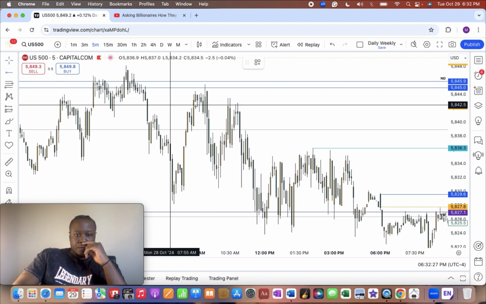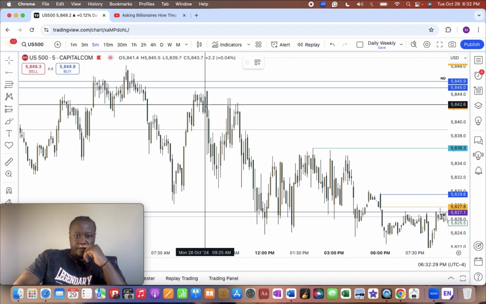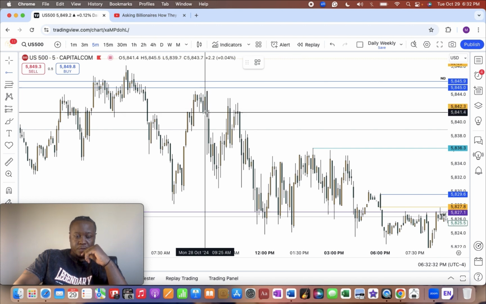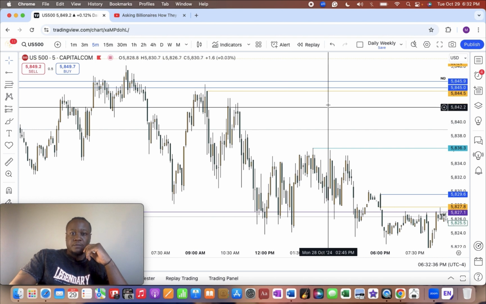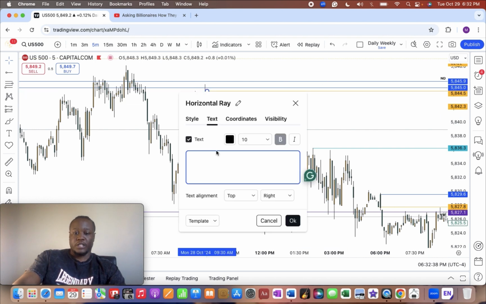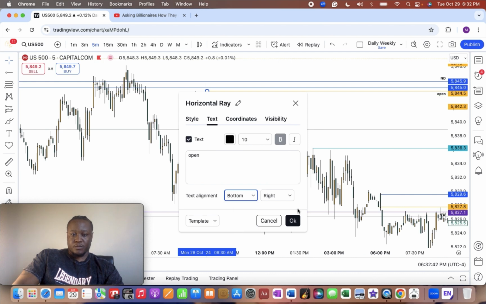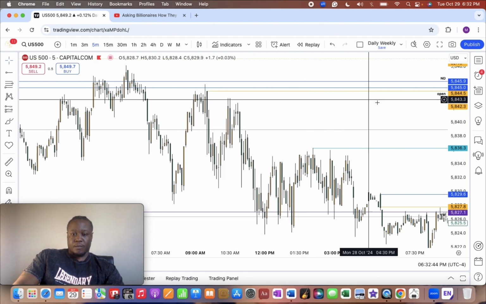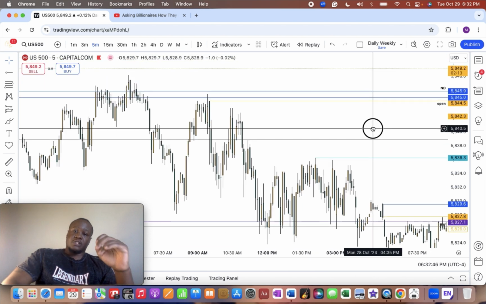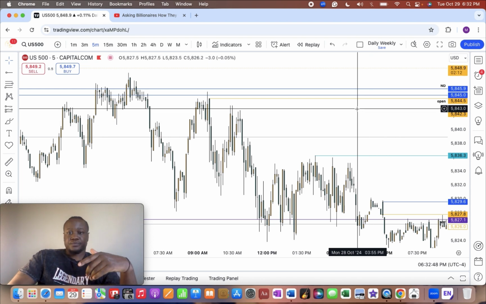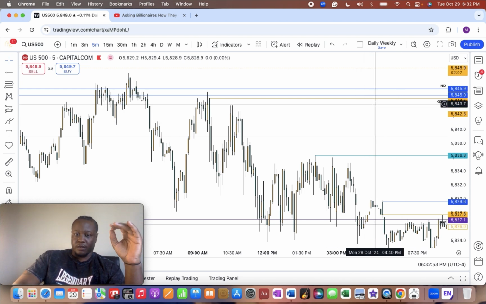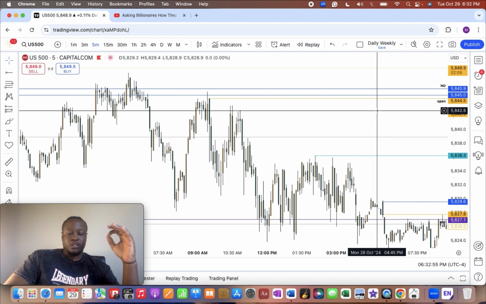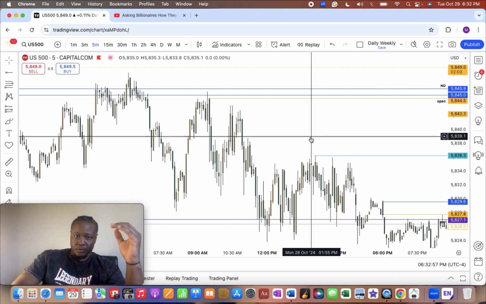So this is where Monday opened at 9:30. The market opened. So you can see that's the open right there. I like to just label that. And since we gapped higher when we opened on Monday, the market is going to look to close in the gap.